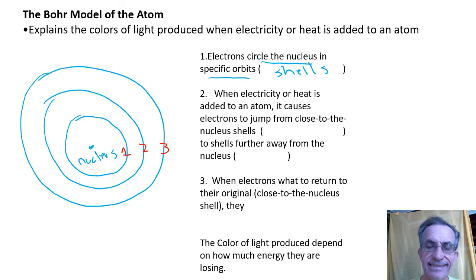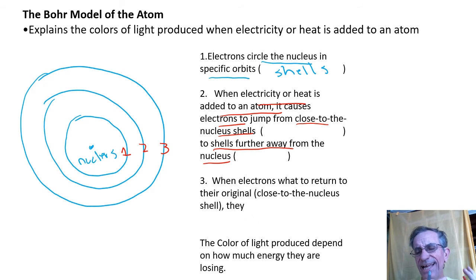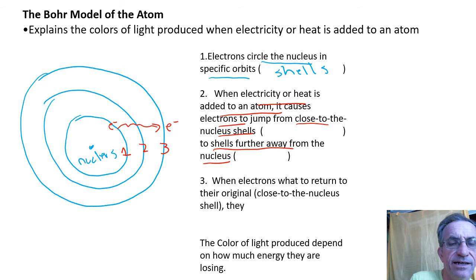What he said was going on is that when you add electricity or light to an atom, it causes electrons to jump from the close-in shells to the further away shells. Electrons actually like to be close to the nucleus. But when you give them energy, it makes them go from a close-in shell, for example shell 1, to a further away shell.